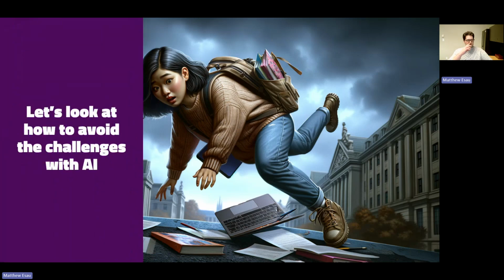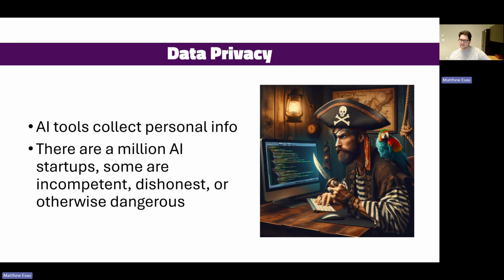Okay, so let's look at some more challenges that AI has and how we can protect ourselves. Data privacy is a big issue. As I mentioned, anything you put in, it's going to suck up and put into its data set and use it for other answers to prompts that other people give and all sorts of stuff like that. It doesn't care about copyright, anything like that.